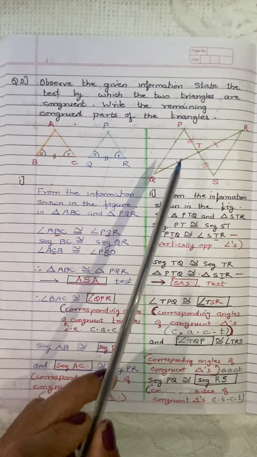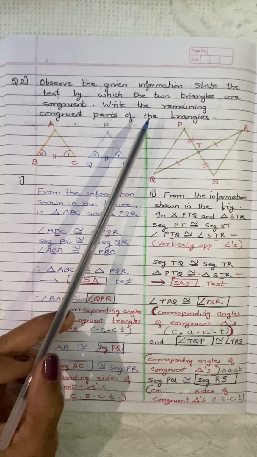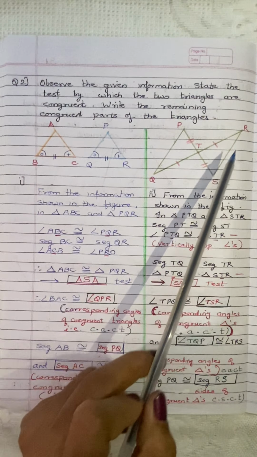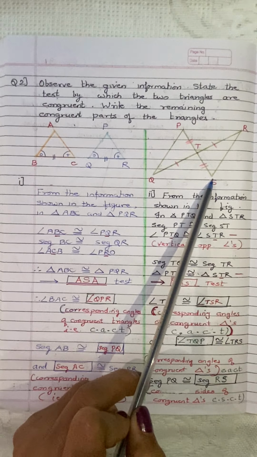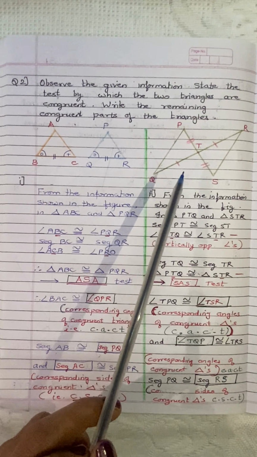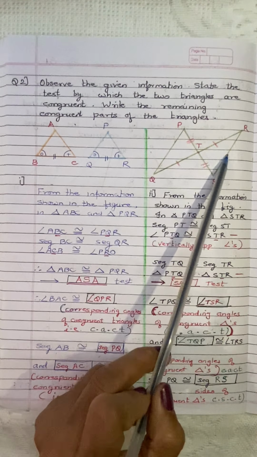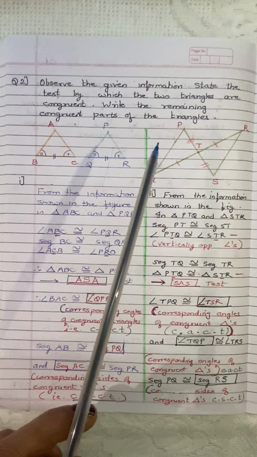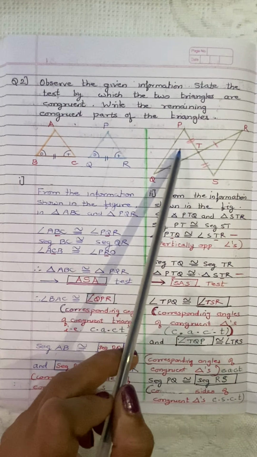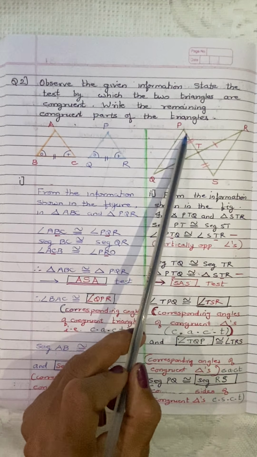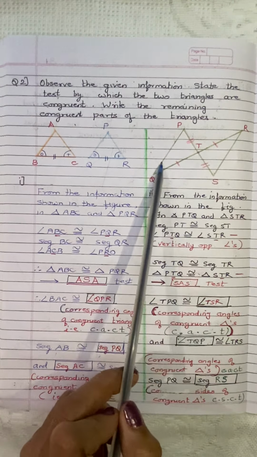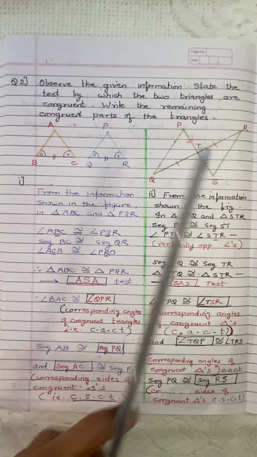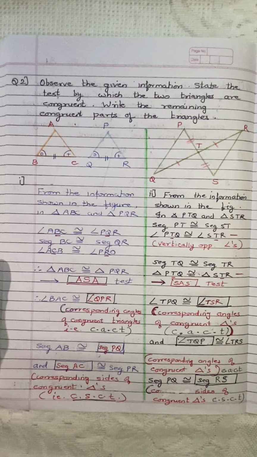And now we will prove segment PQ is congruent to segment RS by common side, corresponding sides of congruent triangles. So we proved this angle is equal to this angle, this side is equal to this side. Now question 3.